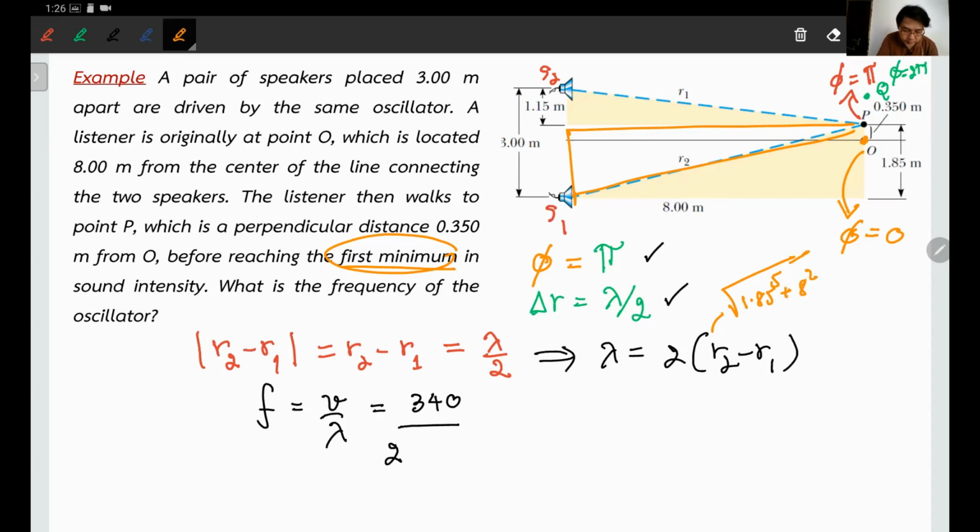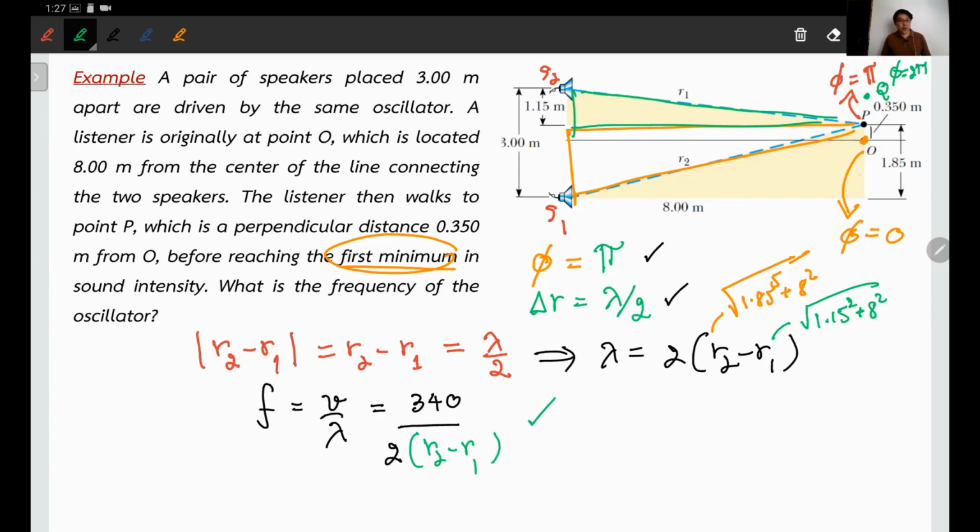And R1 will be the upper triangle, so that will be the square root of 1.15 squared plus 8 squared. Okay, but once you punch the calculator, you should be able to get that number here. R2 minus R1, and you're done.